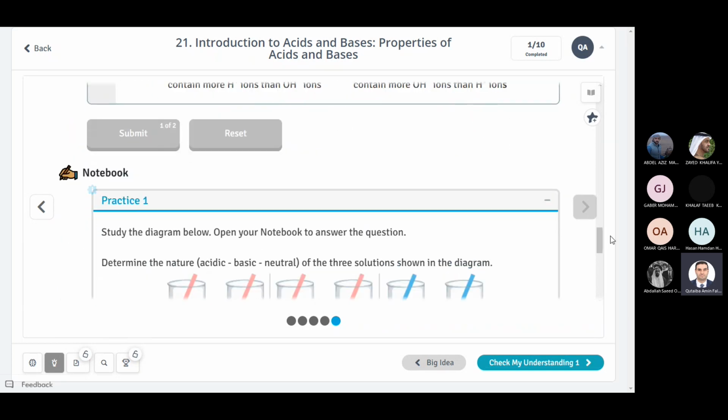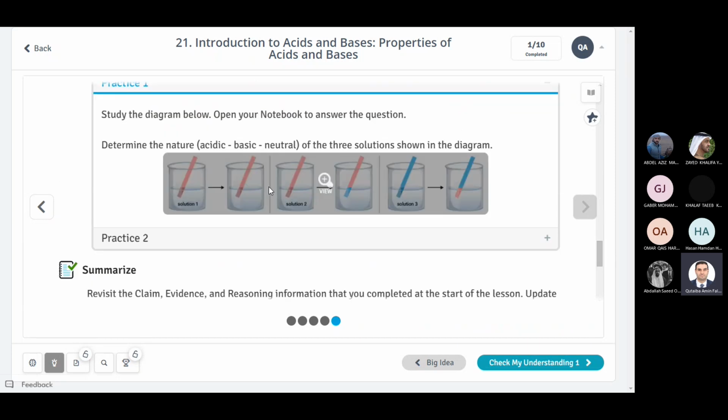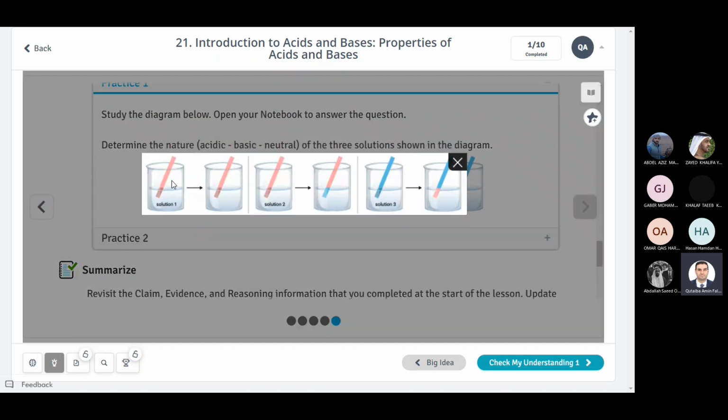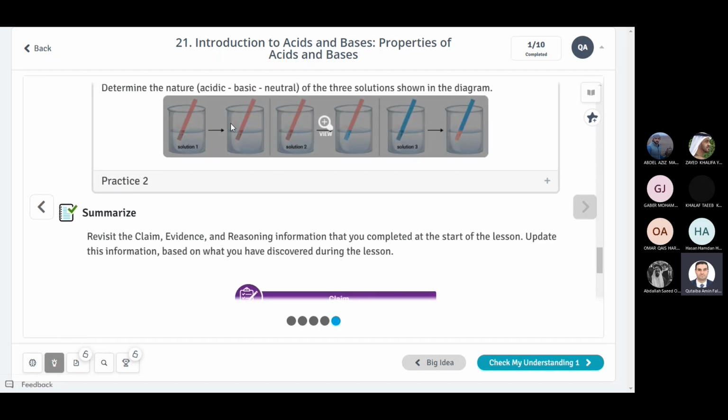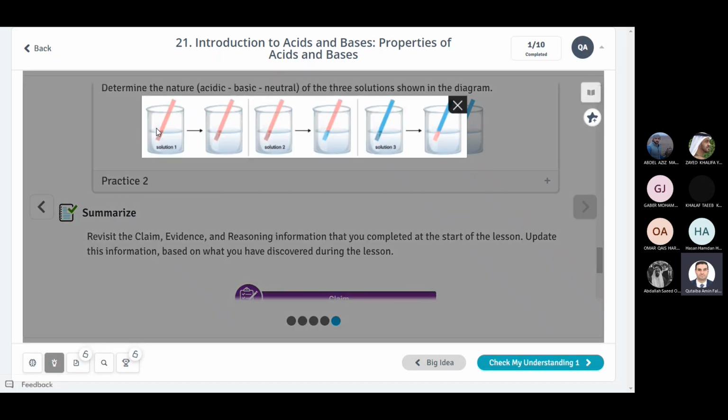Let's have more questions. So if you have different solutions, acid, base, and this base will be acid here. Okay. Where do we have the neutral? Okay, sorry, this is a tricky question.